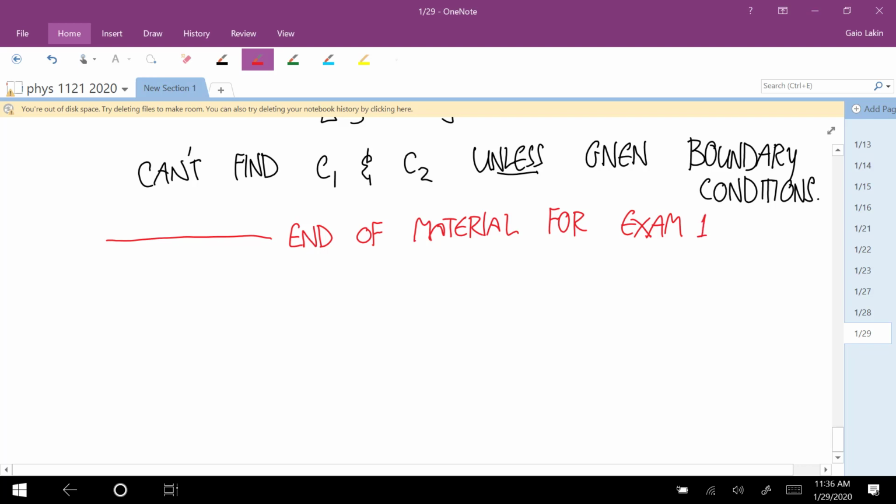Now we're going to go on to two-dimensional kinematics of particles, and that is not relevant for the test next week.